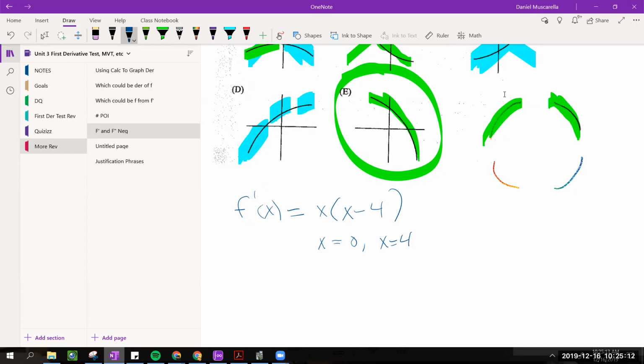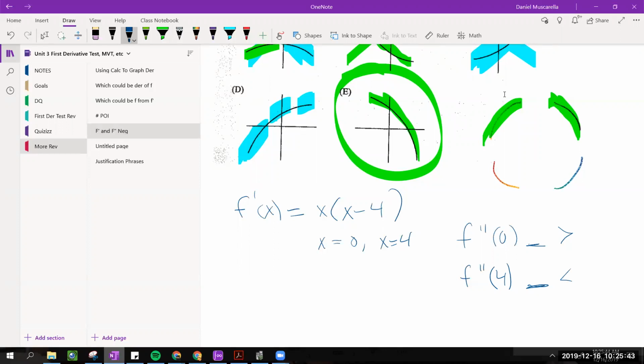Then you take the second derivative, and you plug in 0 and plug in 4. Depending on whether your answer was positive or negative, that tells you whether you have a max or min. So you basically plug your critical values into your second derivative function, and depending on the sign, it tells you max or min. Right, yeah. You got it.